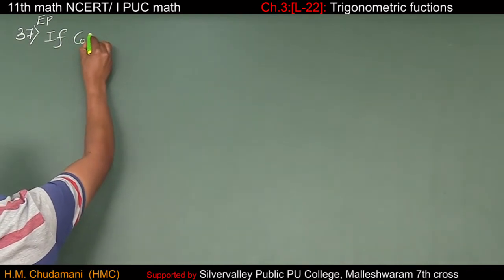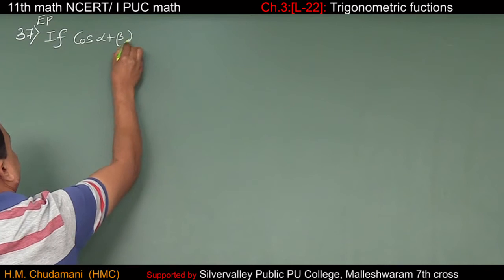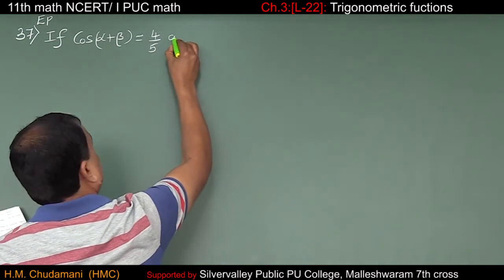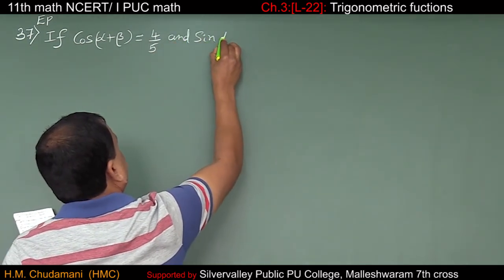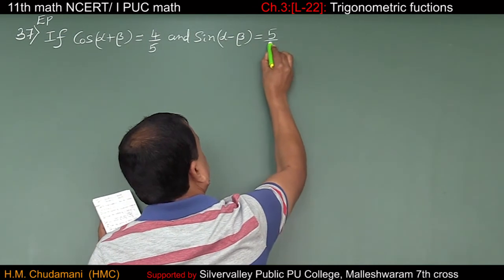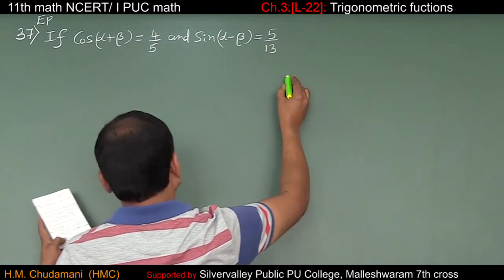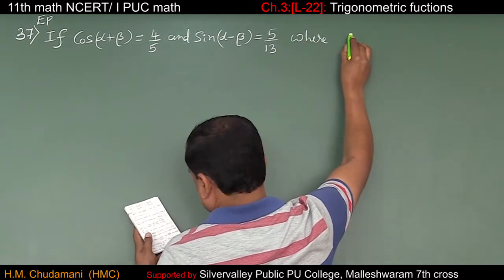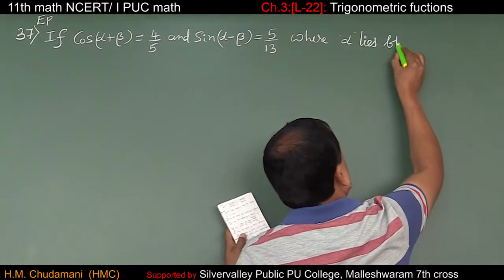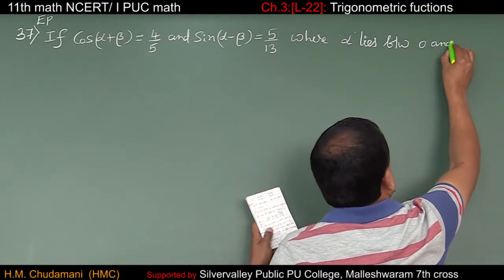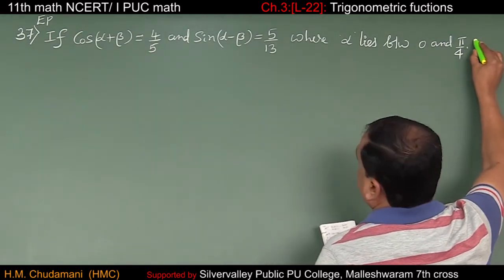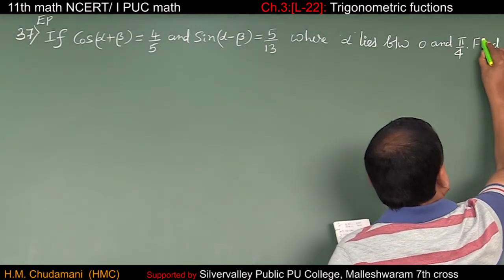If cos of alpha plus beta is equal to 4 by 5 and sin of alpha minus beta is equal to 5 by 13, where alpha lies between 0 and pi by 4, find tan 2 alpha.